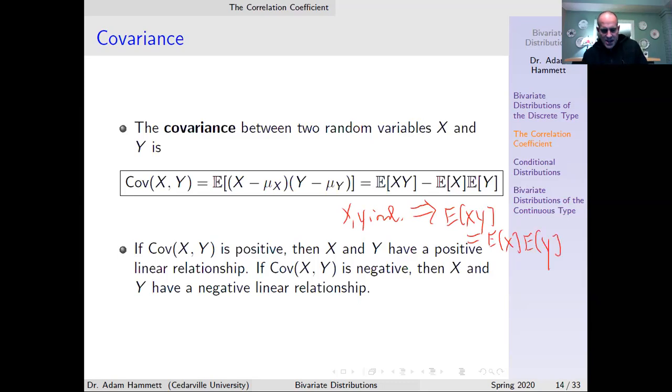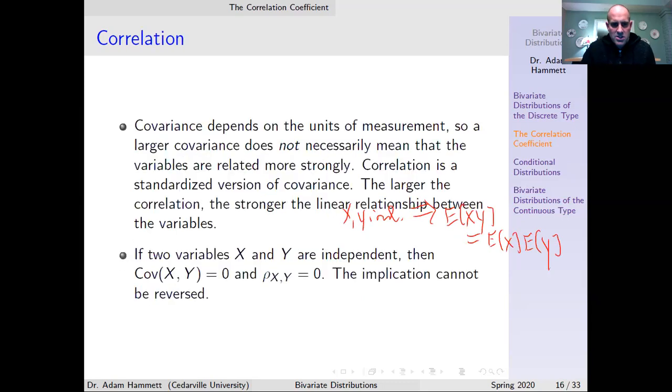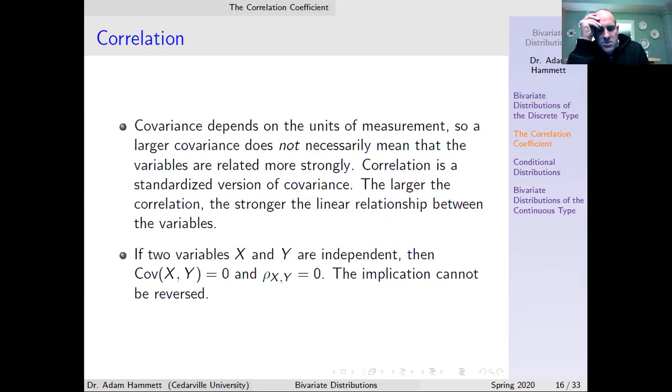And so if that happens, then of course the covariance would be 0. Okay, so that's what this is saying over here. If X and Y are independent, the covariance is 0, and therefore the correlation coefficient is 0, but you cannot say that it goes in the opposite direction.